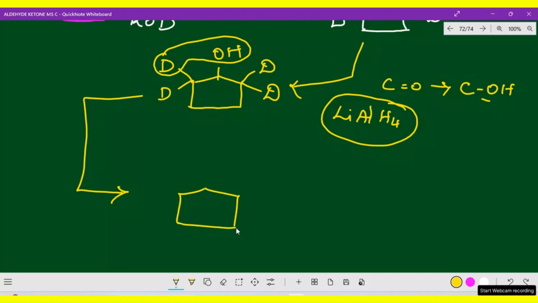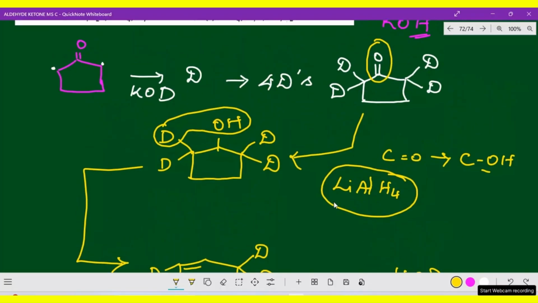It releases water, which means the bond comes over here, this side or that side. D, and here also D, and here only one D is available, because the other D which was joined with OH you are releasing as HOD. I hope you got the clarity.